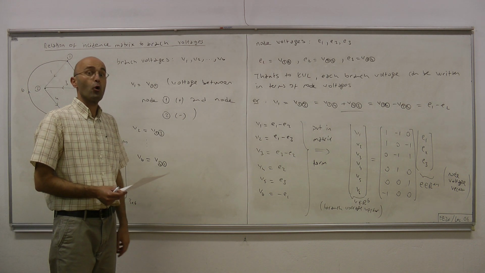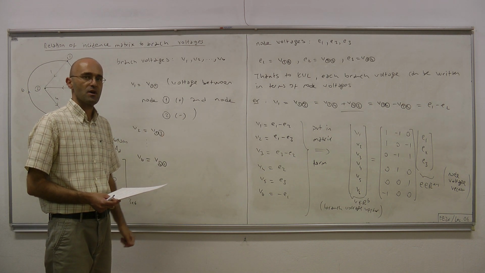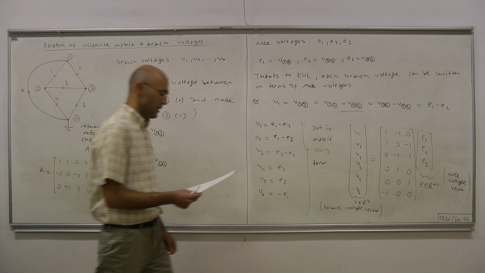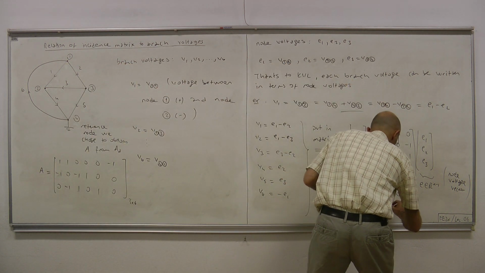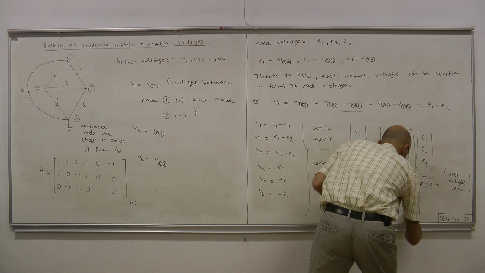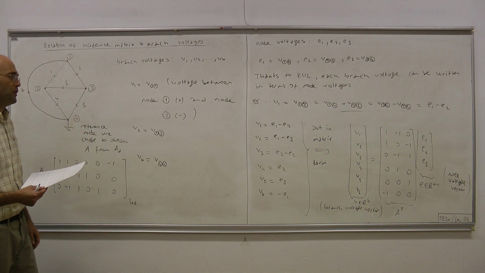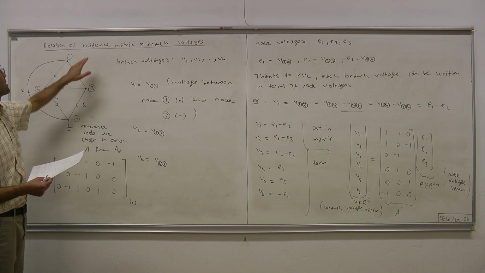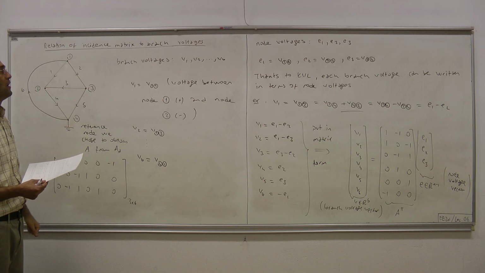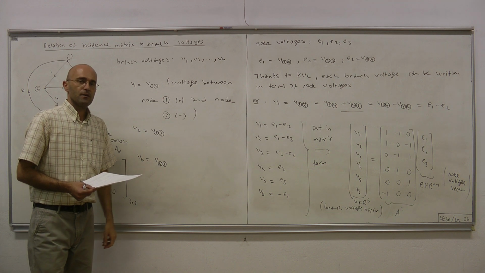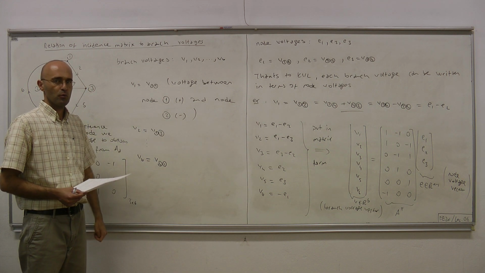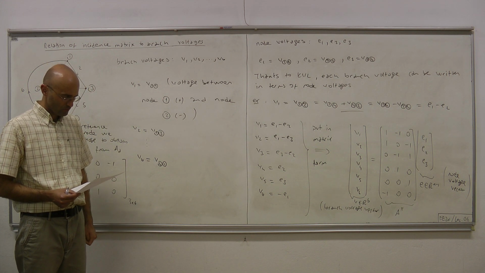And that's not a coincidence, that's not peculiar to our example. That's true in general. This matrix here is the transpose of the reduced incidence matrix. So that's the relation of the reduced incidence matrix to the branch voltages and node voltages throughout the circuit.